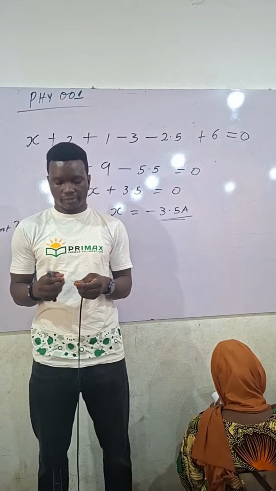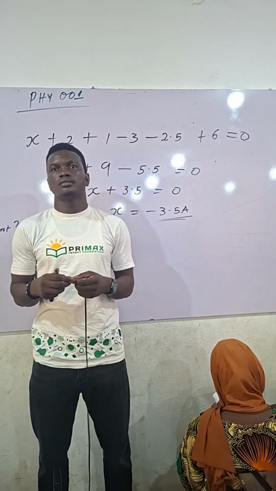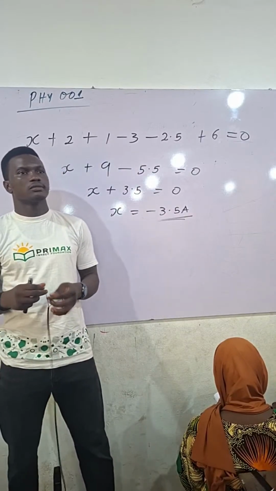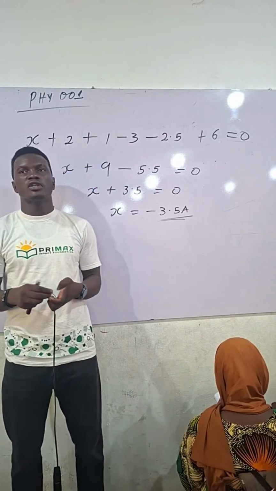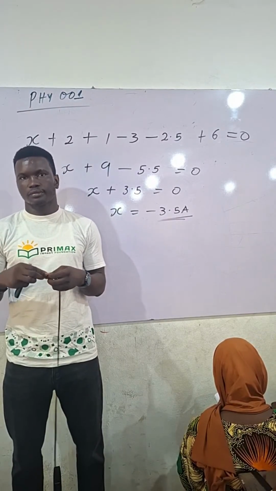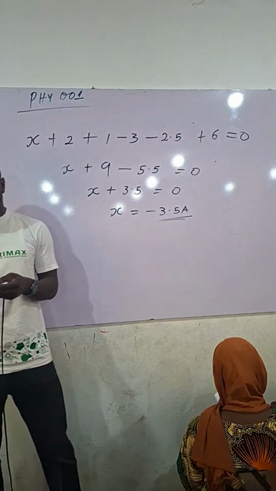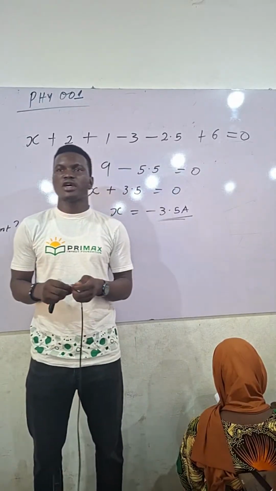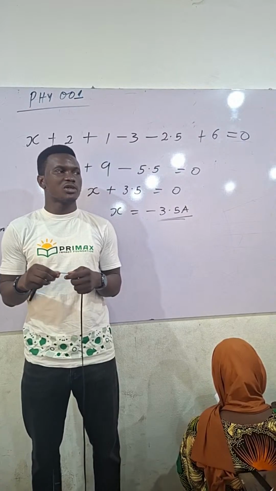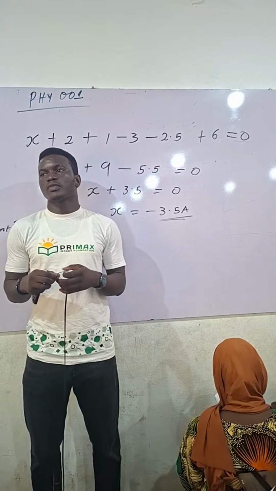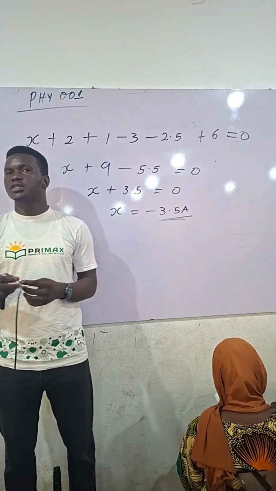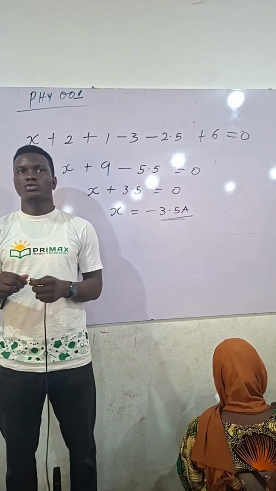It states that the sum of all the voltages in a loop is equal to 0, putting directions into consideration.